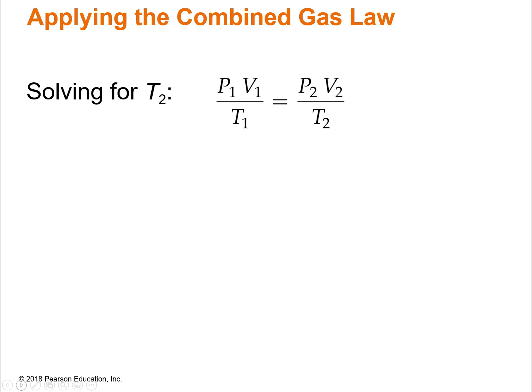Now I'll show you how we do this one too. So let's say we want to solve for T2. We still need to cross multiply first.